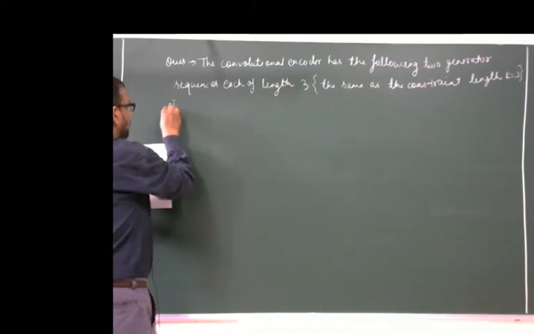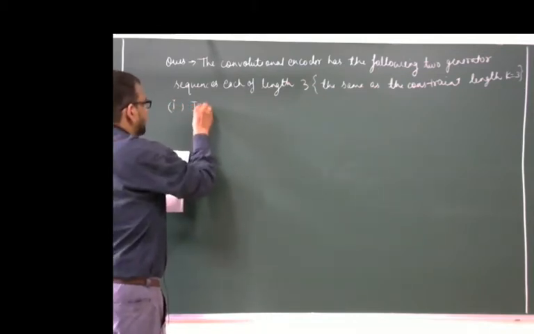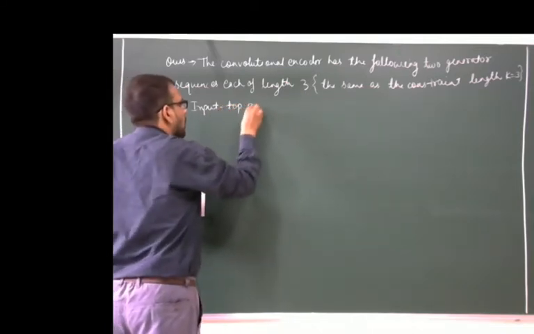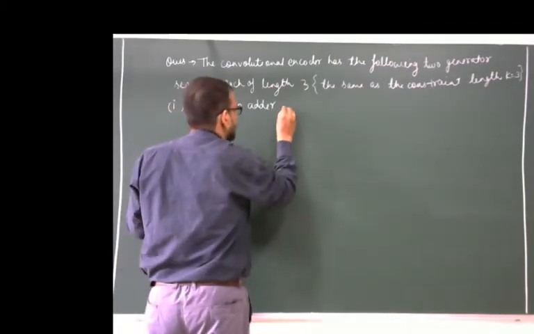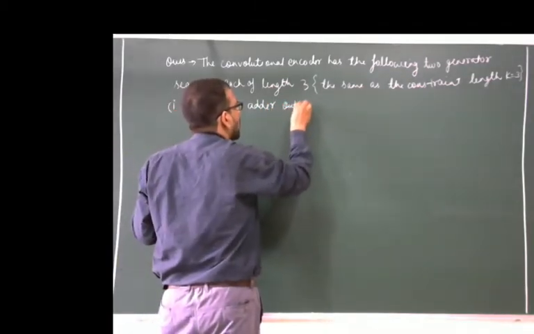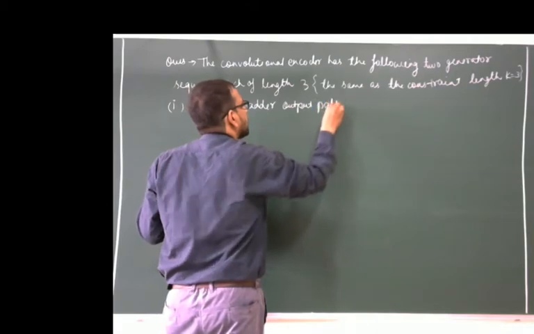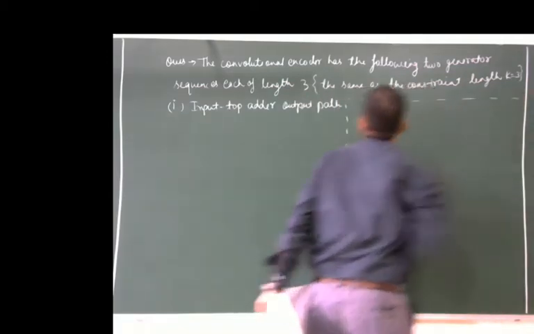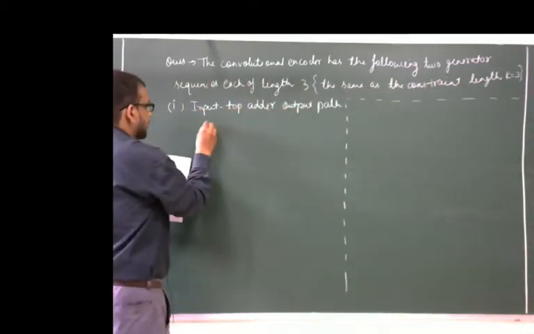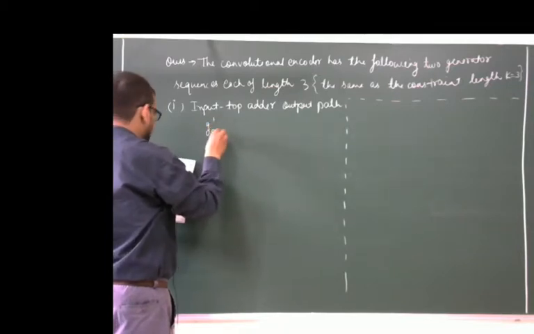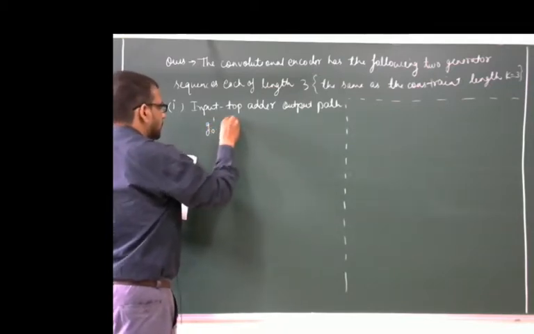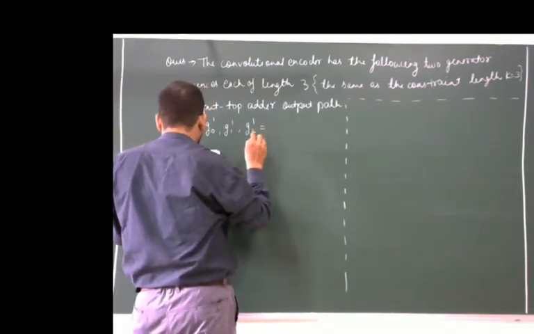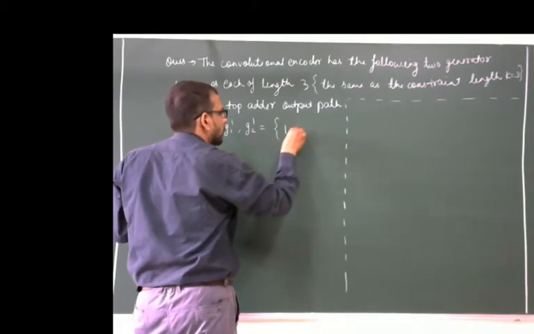First is the input, top adder, output path. That is G01, G11 and G21 is equal to 1, 1, 1.